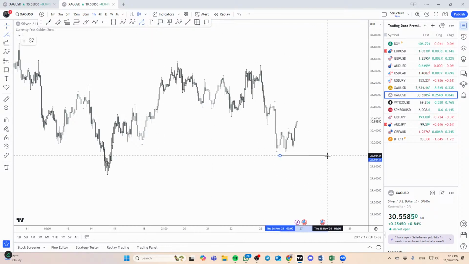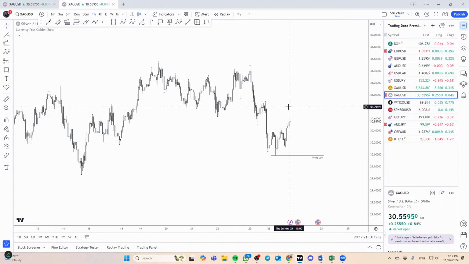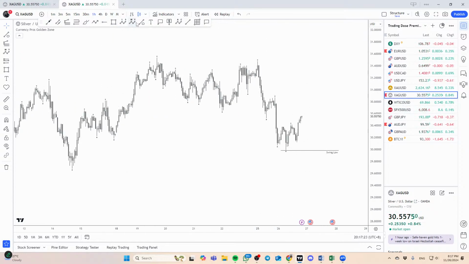Okay, and of course right now we also have a minor break of this structure, right? But ideally the confirmation is going to be here. That would be the confirmation break.